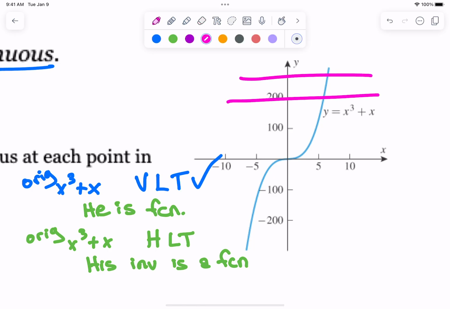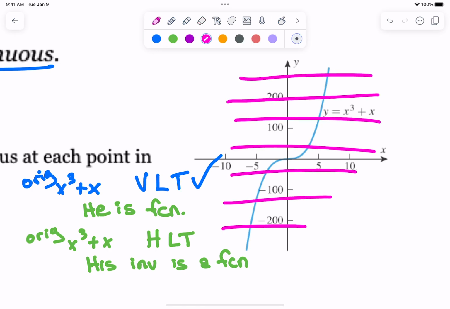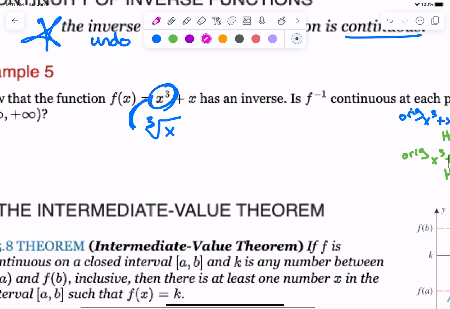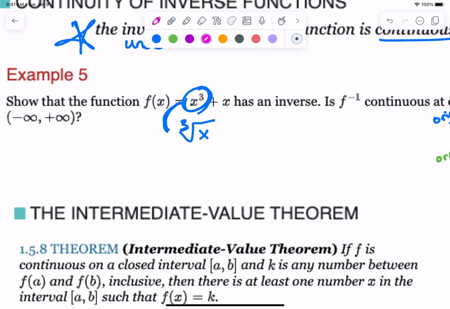And its inverse is going to be some form of the cubic root of x, and it will be a function as well. So, show that it has an inverse. Yes, it does because of the horizontal line test.